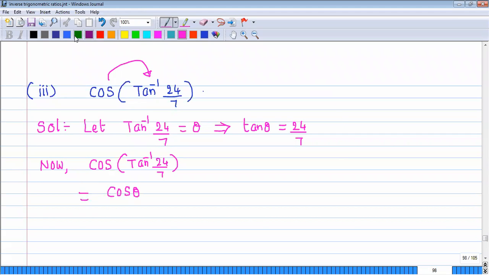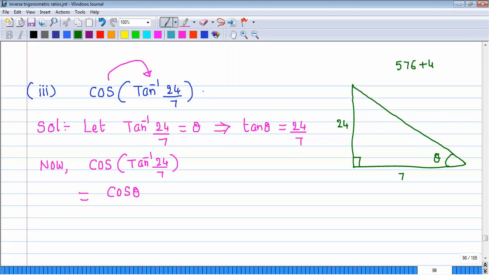So now take the right angle triangle. This is theta. As per the definition of tan theta, this is 24, this is 7. 576 plus 49 is 625. Square root, so 25.